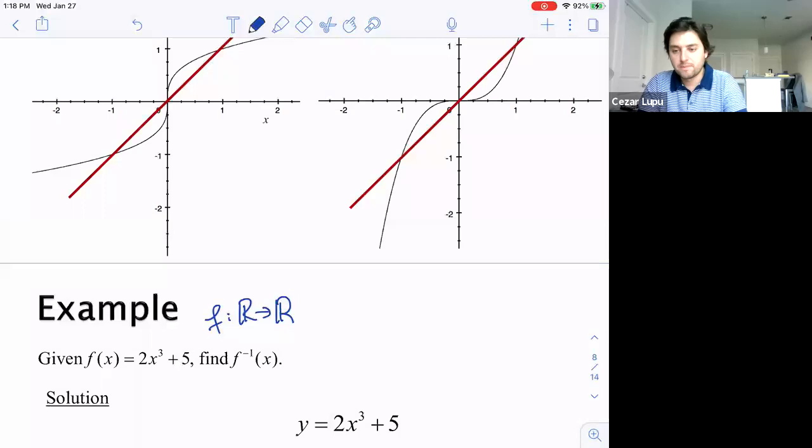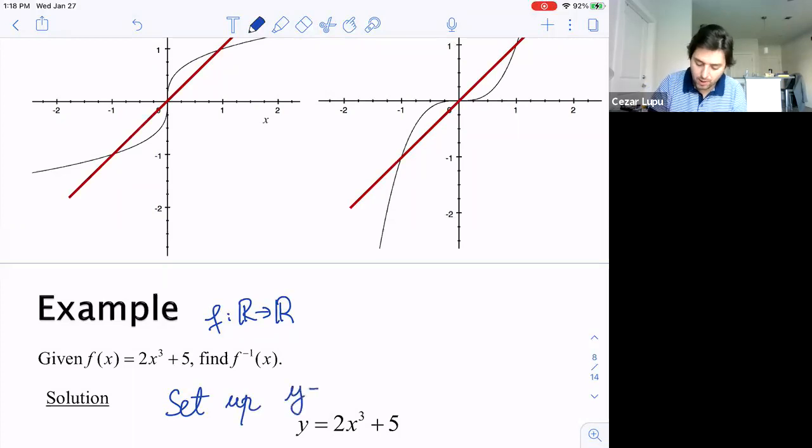So in this case, we have that f of x is 2x cubed plus 5. We'd like to find f inverse. So first we set up this equation. You set up y equals f of x, right?